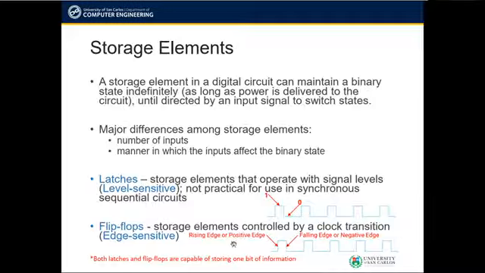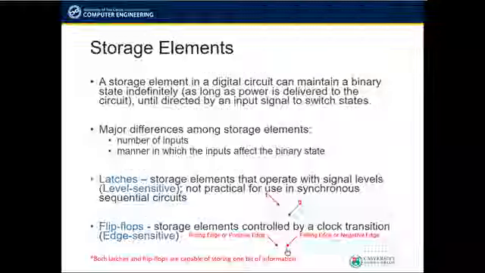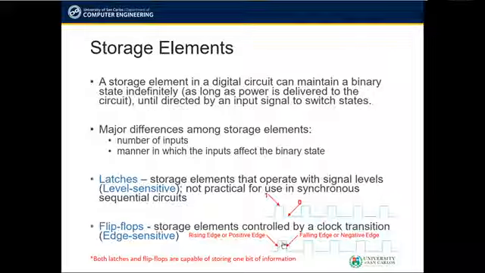It could either be the rising edge or positive edge, or the transition from 0 to 1, or the falling edge or negative edge, which is the transition from 1 to 0. Each flip-flop will have its own specific edge sensitivity.